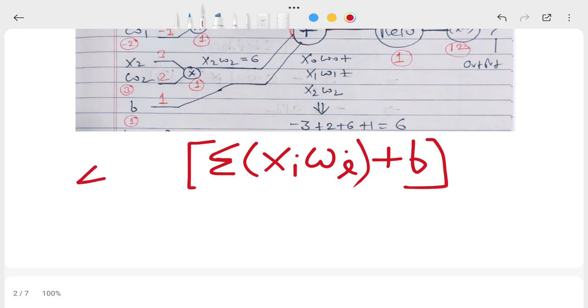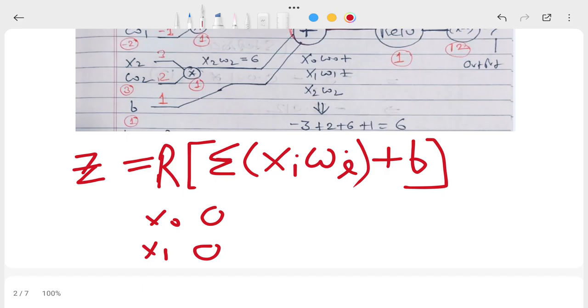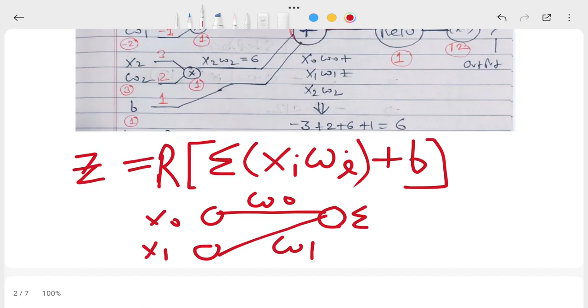Now we are writing this with the help of z in our program. z is equal to this, and we also use ReLU. What is this actually? Suppose there are two inputs x0 and x1, and only one output, and there are two weights w0 and w1.